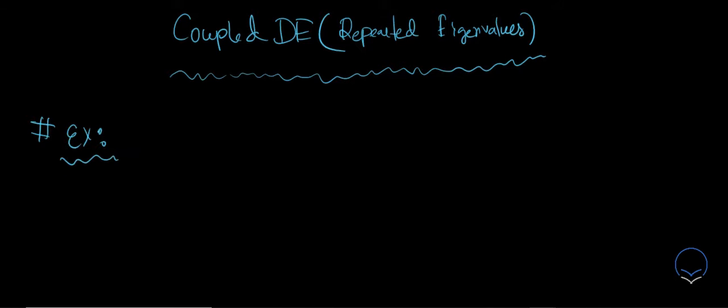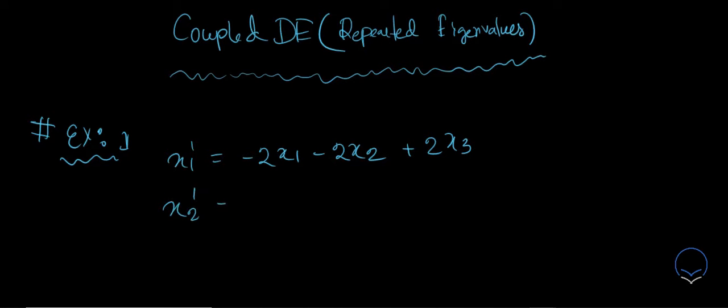Example 1, and we have the system as the following: x1 prime equals minus 2x1 minus 2x2 plus 2x3. Then we will have x2 prime equals minus 4x1 plus 2x3.